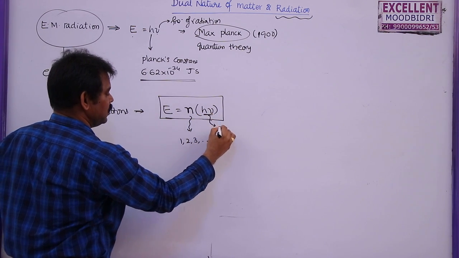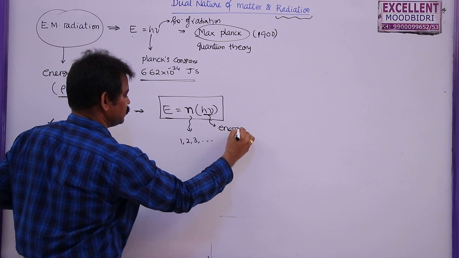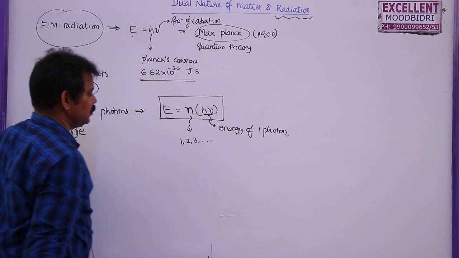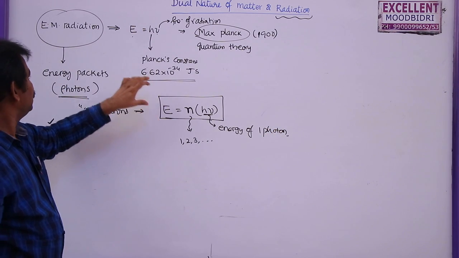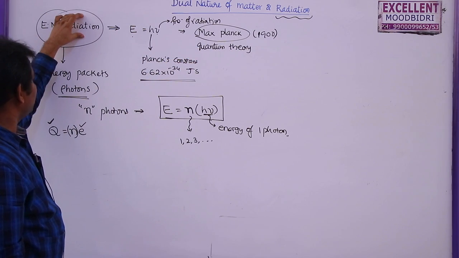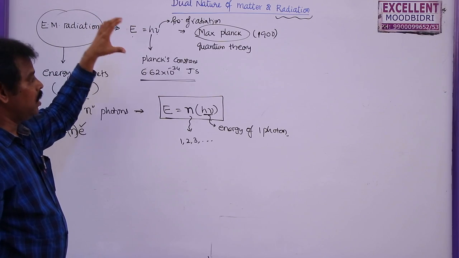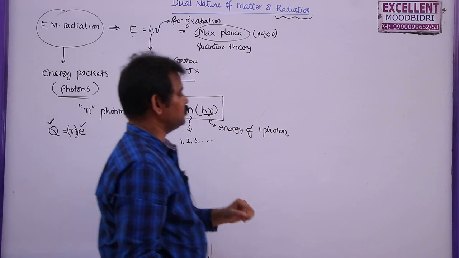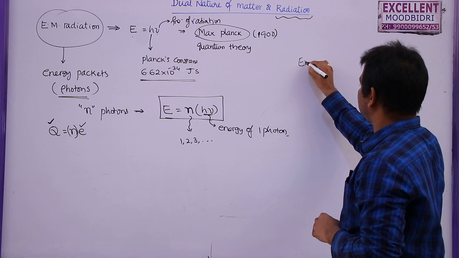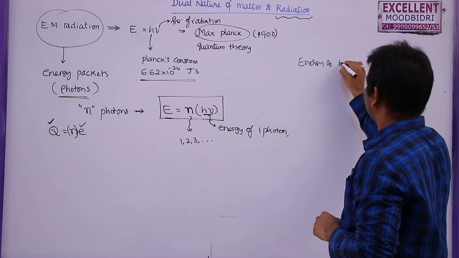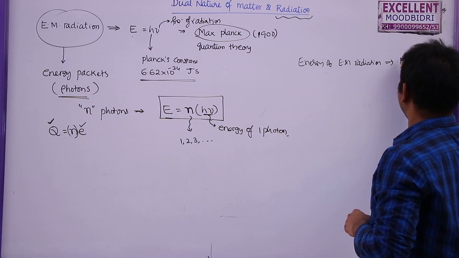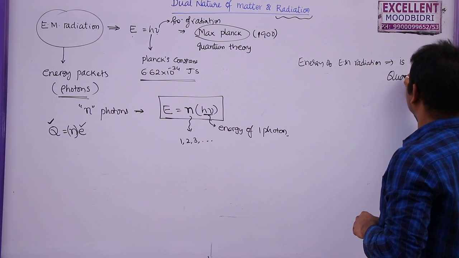So this is the energy of one photon or one energy packet. According to Max Planck's quantum theory, electromagnetic radiation has energy, and the energy of the electromagnetic radiation is quantized, just like quantization of charge.